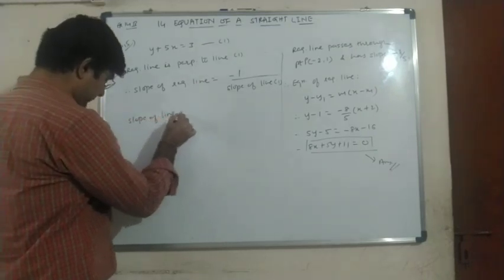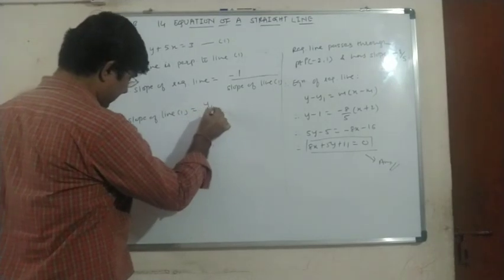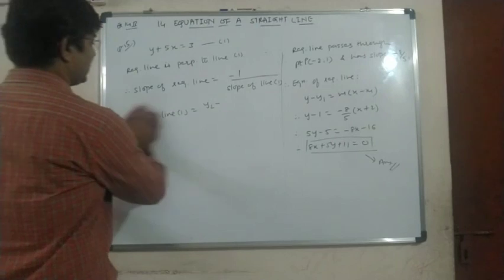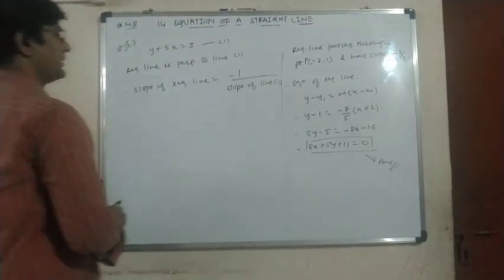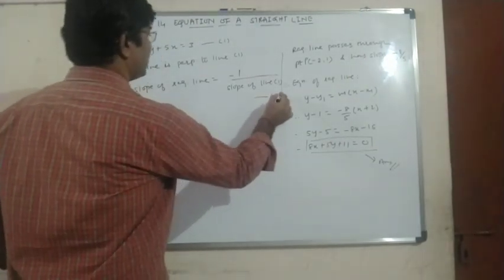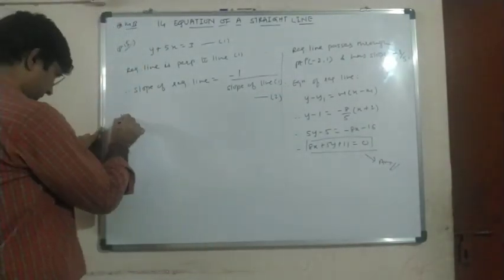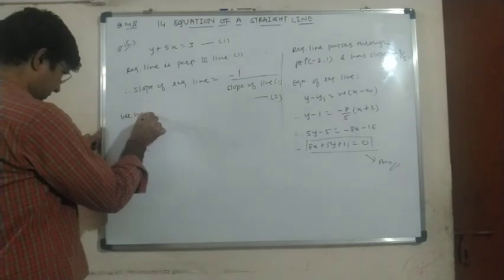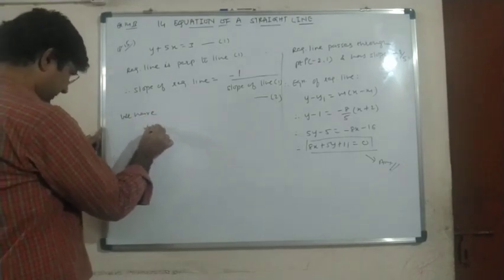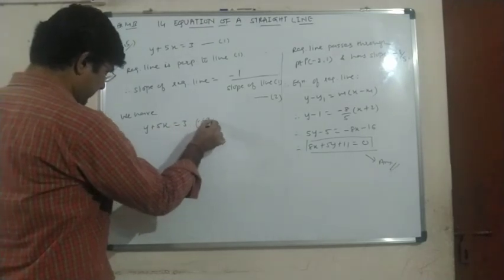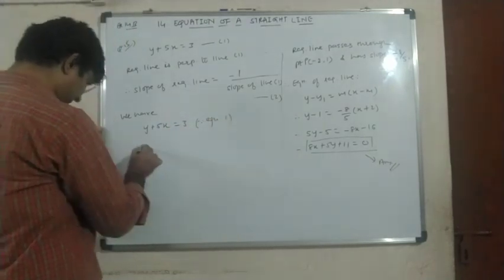Slope of line 1 we can directly find out from the equation. Let us number this as equation number 2. Now we have the equation of the given line, y plus 5x is equal to 3. This is equation number 1.